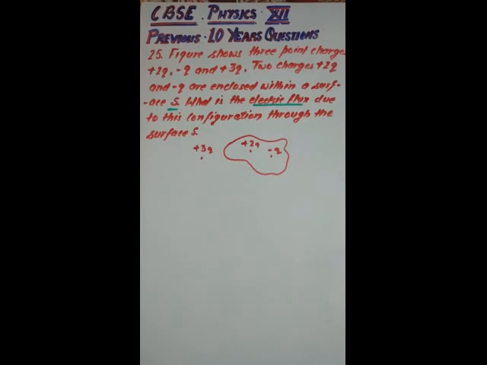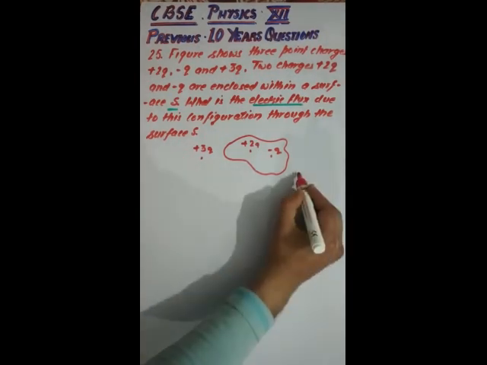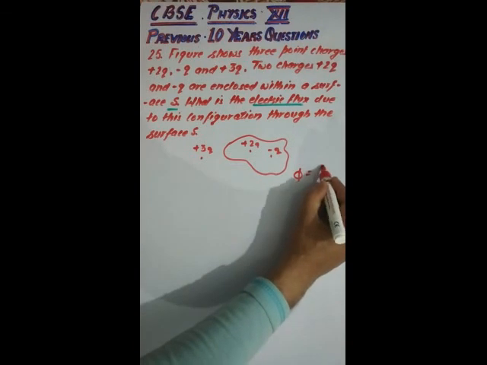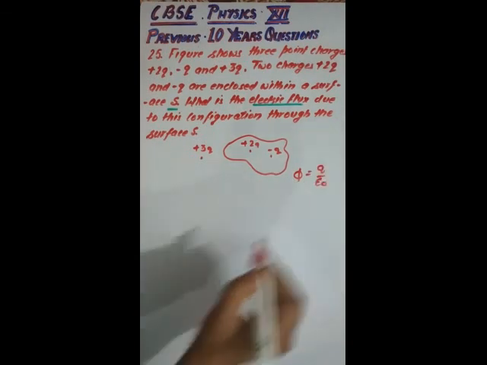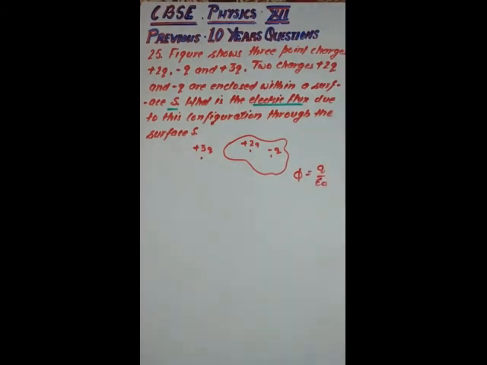So we already know that flux equals total enclosed charge upon epsilon naught, the permittivity of space.